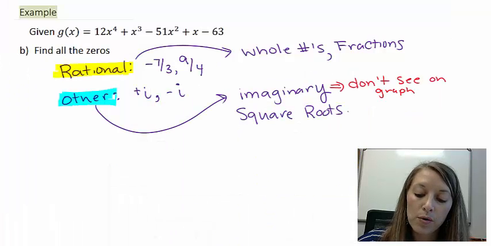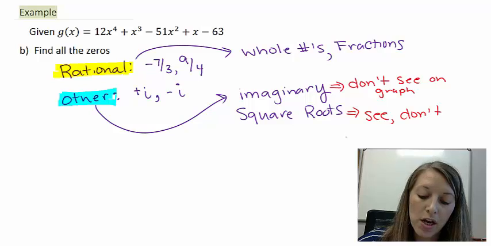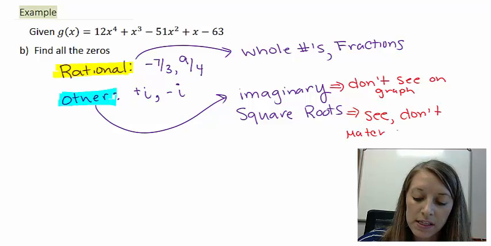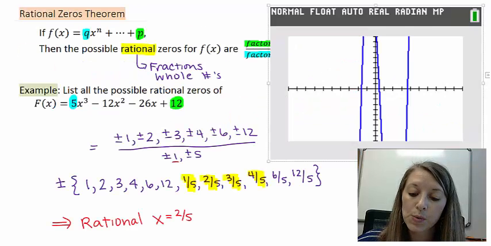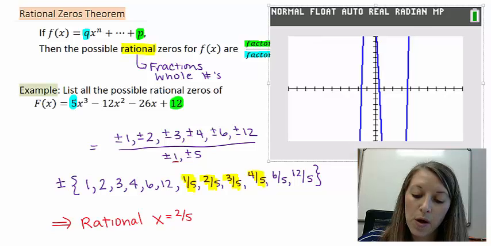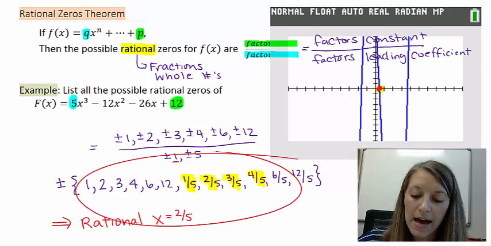Now when you have square roots as answers, you're going to see these on the graph, but they don't match up with your rational zeros theorem. So they don't match up with the fractions that you have listed out with my rational zeros theorem. And an example of that was our first example, which was this one here. We had 3 zeros, but only one of them matched up with the list of possibilities that we had down there.